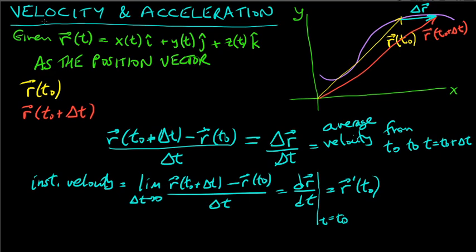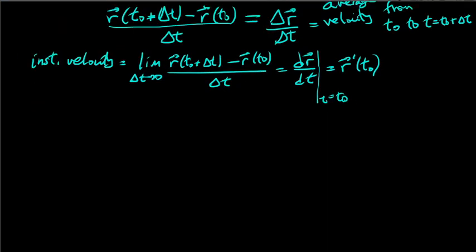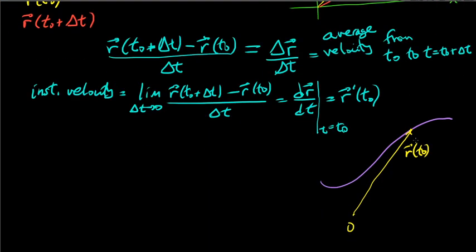So what you can imagine doing is making this delta t shorter and shorter, and that brings this vector closer and closer. Now that I've completely messed up that picture, you can see what's going to happen here. If this is the curve, and we have our position vector, let's say this is the origin, at a given time, then the derivative will simply point in the direction of the curve.